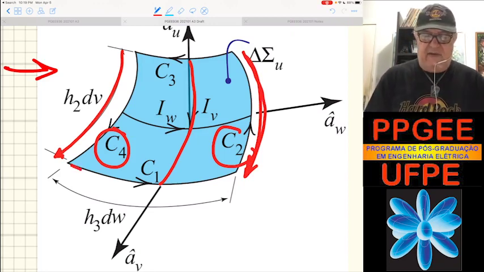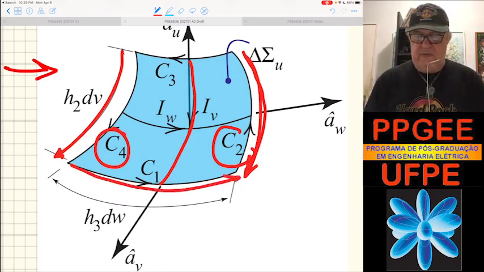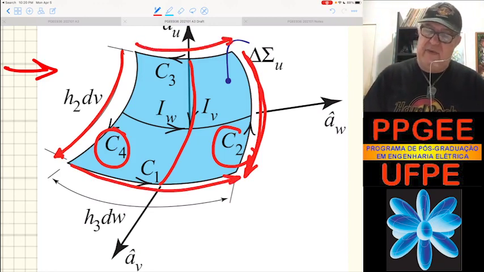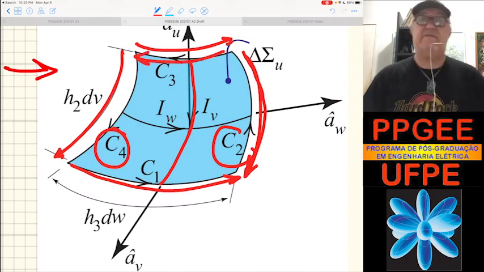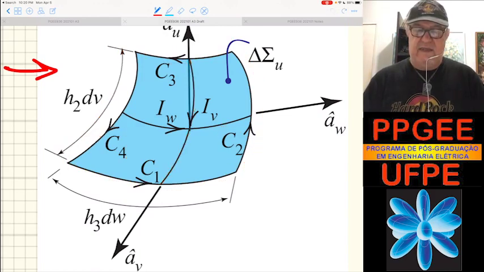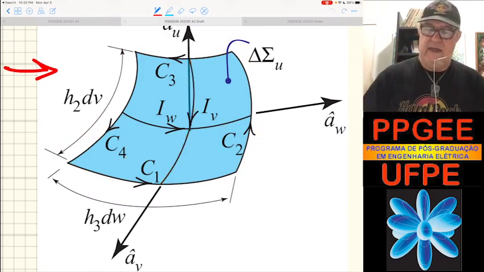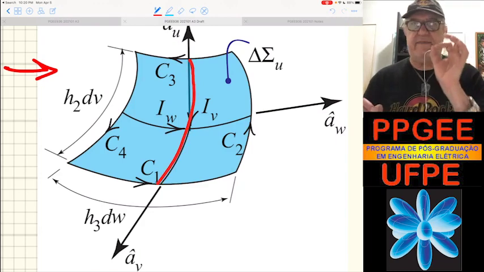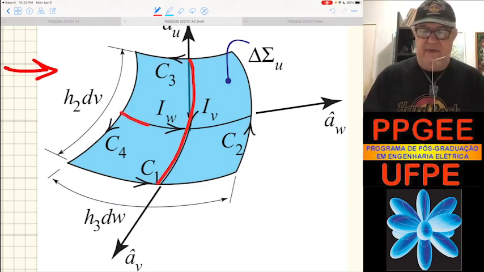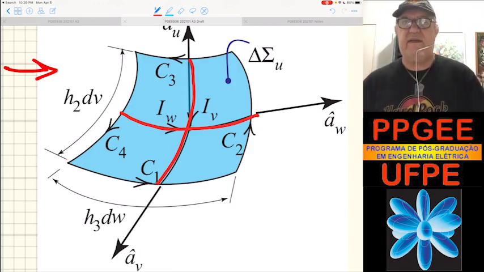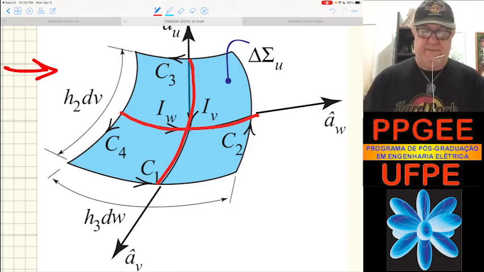We're going to have an integral along increasing U, and you'd have an integral along increasing U here, but we want the integral on the other direction, right? So what do we do? We calculate reference integrals. IV, which is increasing V, which passes right across the central point, and IW that goes to increasing W. Then you calculate those other 4 integrals relative to those 2, okay?